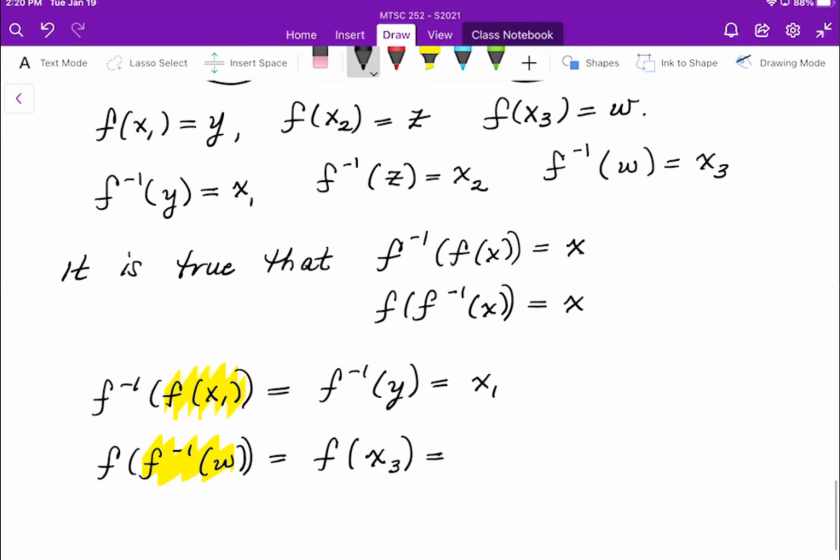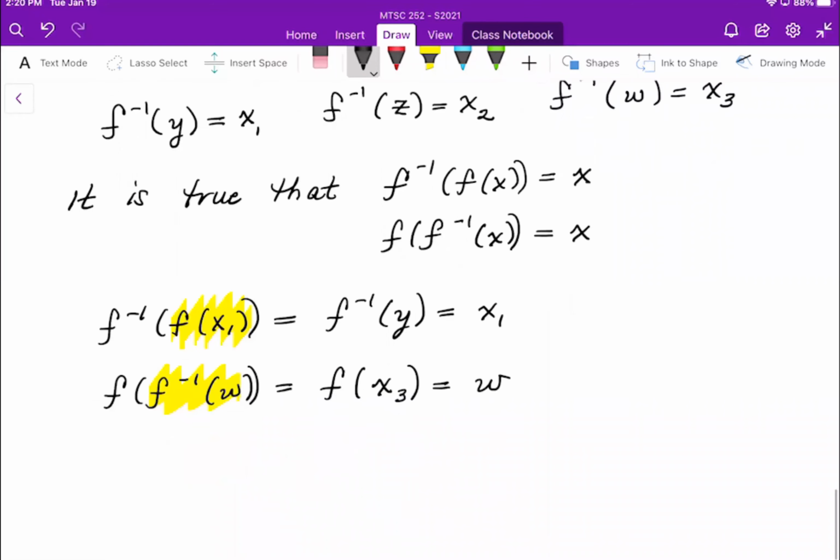And then what is f of x3? W. W. So an inverse function is going to reverse what you just did. Okay, so that's what an inverse function does. So the question is now, how do we find an inverse function?